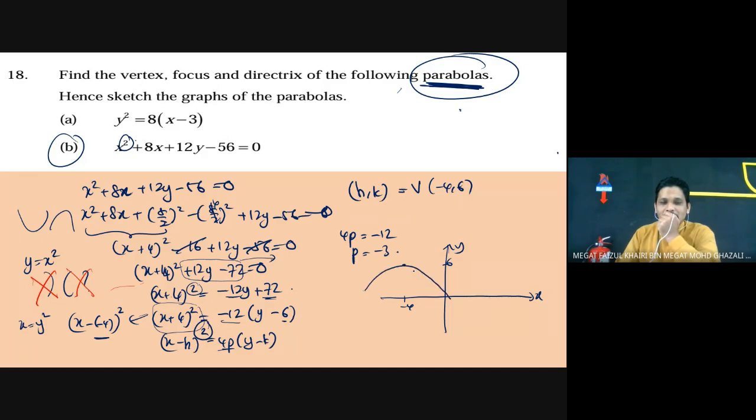And because the value is 3 here, the focus point F is 3 units downward, and the directrix line is 3 units away, 6 plus 3 equal to 9, and 6 minus 3, the focus point here now is negative 4 and 3.